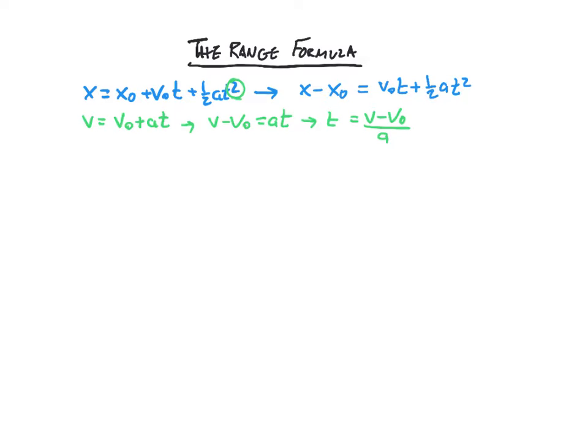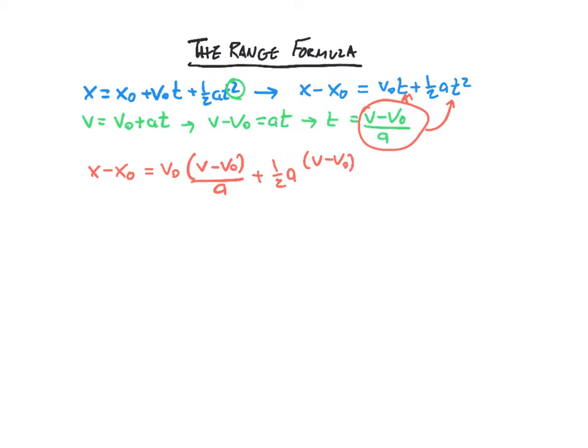Now we can take this and plug it back into our x equation. So we get x minus x0 is equal to v0 times (v minus v0) over a, this is t, plus 1/2 a times t squared, which is (v minus v0) times (v minus v0) all over a squared.